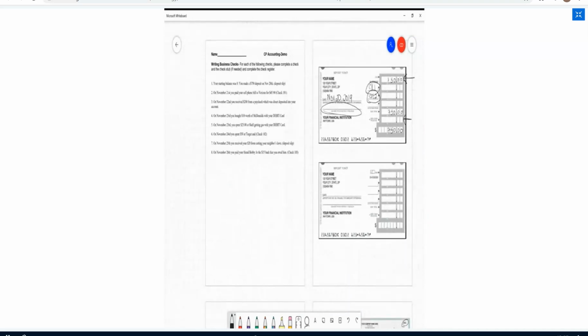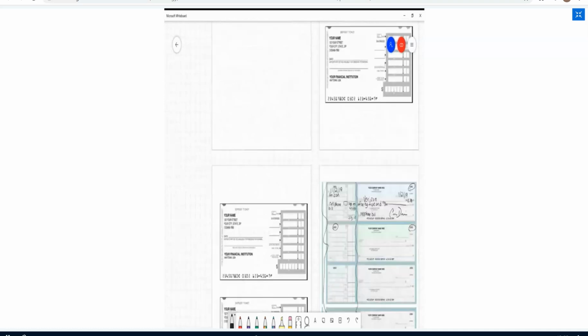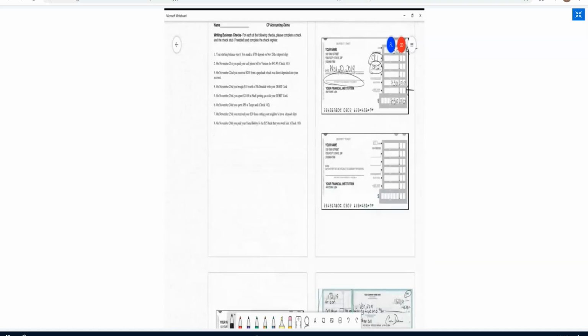So our current balance in the account is what? 705.10. Let's write that. We then deposited 200, so let's add in 200. So normally we would be keeping a check register where we're updating this balance.